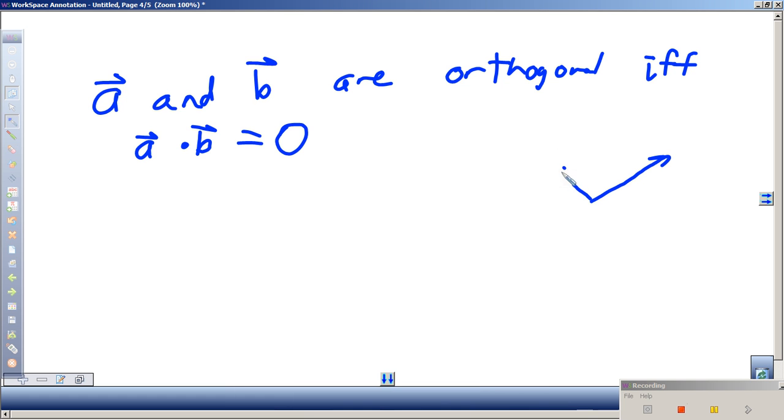So these two vectors would be orthogonal. Or to determine the orthogonality of them. Orthogonality would just be, are they orthogonal? Good. An interesting question.